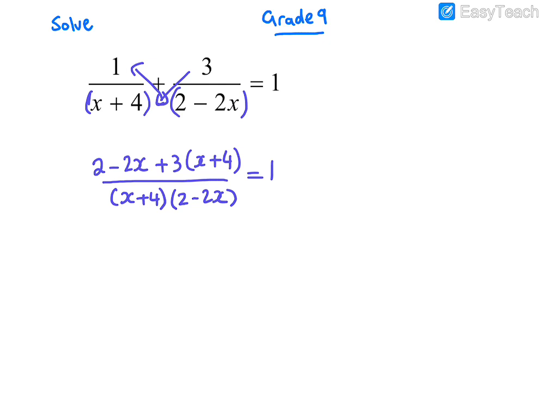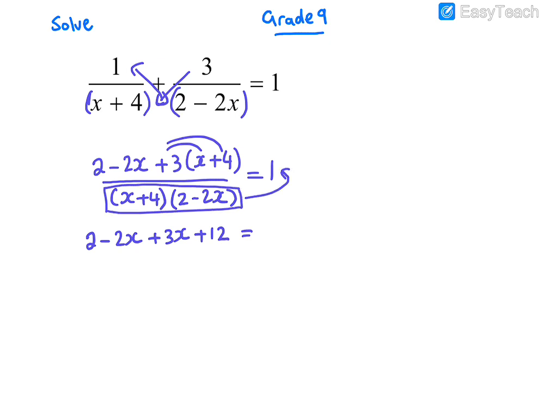Now if we simplify that a little bit further, we will have 2 take away 2x, and then plus 3 times x is plus 3x, and then 3 times 4 is 12. Then at the same time, I will take this whole denominator to the other side and times by 1. So it should be basically x plus 4 and 2 minus 2x.